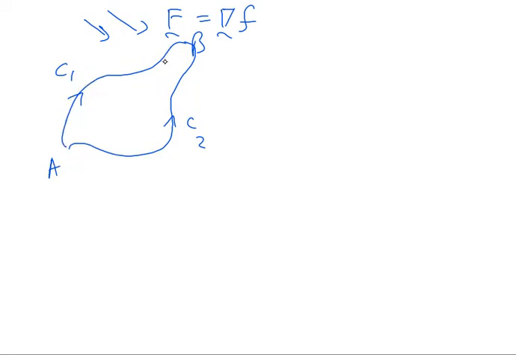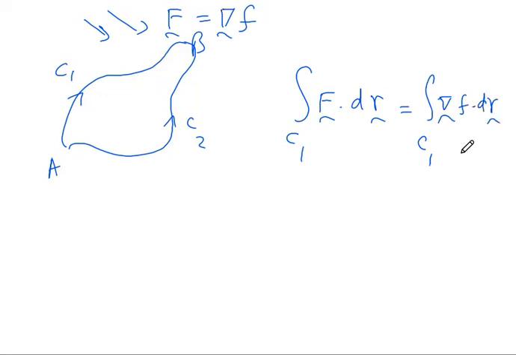This is the work done, the integral over C1 of F dot dr. Because this is conservative, F is equal to the gradient of f, dot dr.